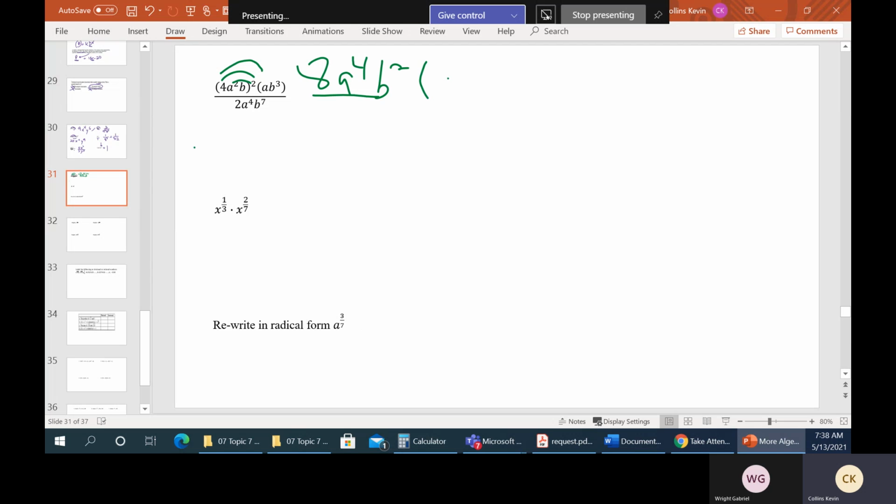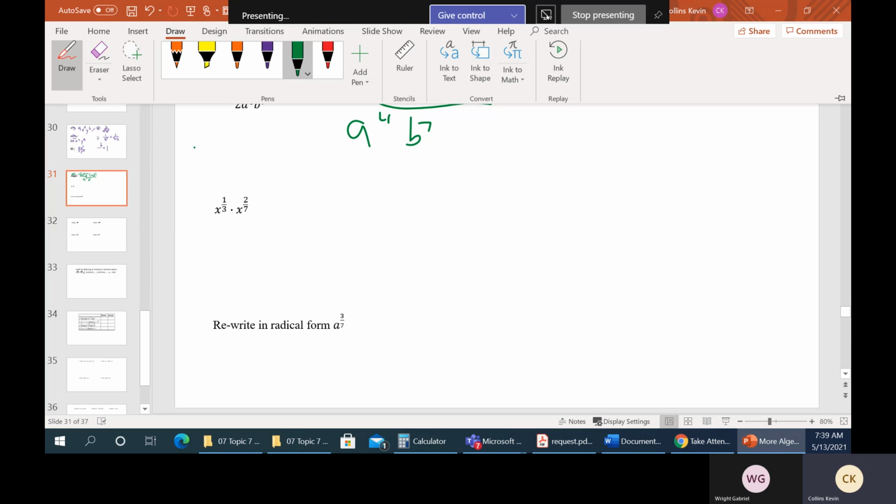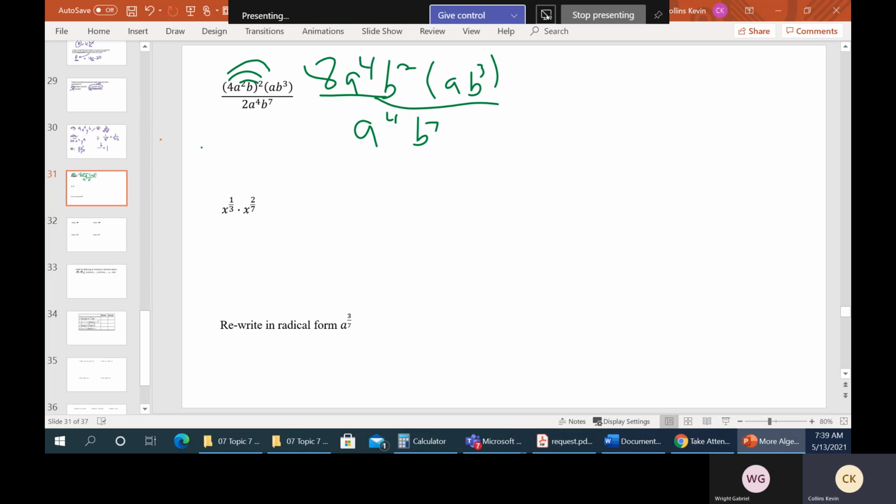All right, then we're going to multiply that by a b to the third. We'll come back to that, but let's see if we can do some canceling of this stuff on the bottom. So we already canceled the 2, so now we got a to the 4th and b to the 7th. All right, a to the 4th over a to the 4th. Beautiful. Let's cancel those out now. All right, so he's gone.